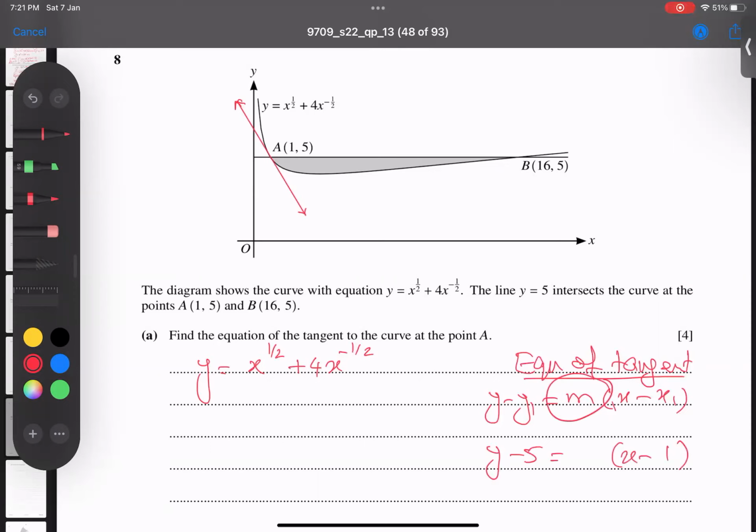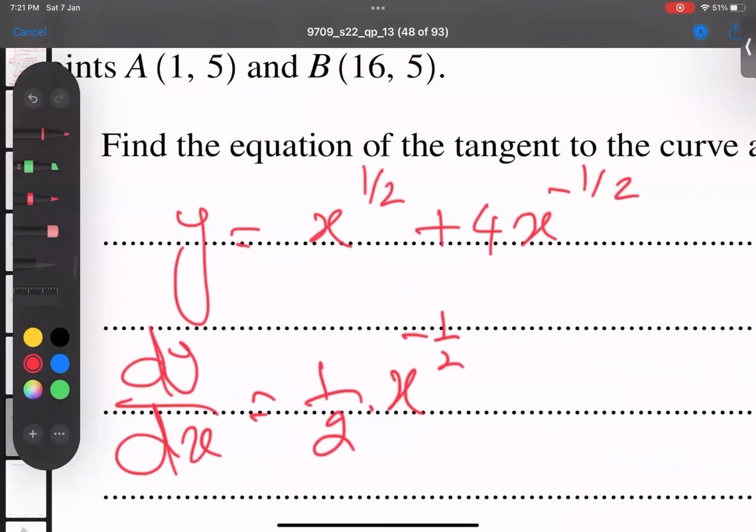What is the gradient? The gradient we don't know. So where will the gradient come from? For your knowledge, dy over dx, I mean the derivative, and the gradient are perfectly the same. So it means I will find the differentiation. Half comes down, power becomes 1 less, so minus half. And how to differentiate this one?